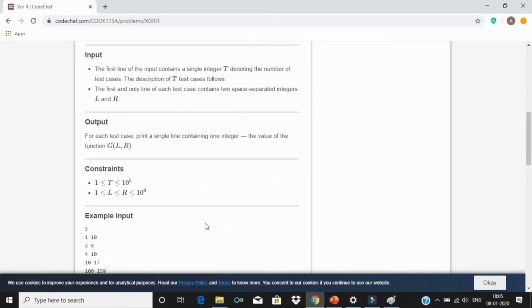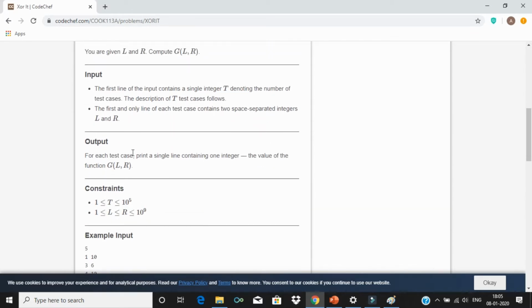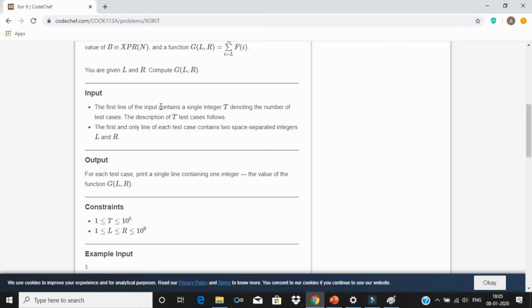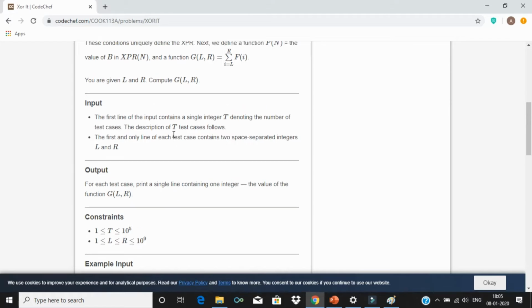So let me take you through the constraints and the input. First of all, the input is an integer T denoting the number of test cases, and for each test case there are two space separated integers L and R. That is the range for which we want to find the sum of the values of b in the XOR pair representation.